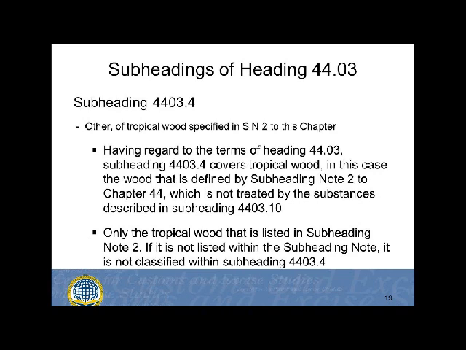Again, having regard to the terms of heading 4403, subheading 44034 covers other of tropical wood. What tropical wood? In this case, the wood that is not treated by the substances described in subheading 440310, and also which is defined by subheading note 2 to chapter 44.